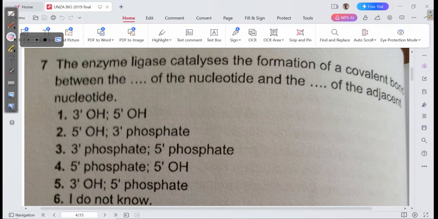One is 3 hydroxyl group and 5 hydroxyl group; 5 hydroxyl group, 3 phosphate group; 3 phosphate group, 5 phosphate group; 5 phosphate, 5 hydroxyl; 3 hydroxyl, 5 phosphate. What is the correct option?